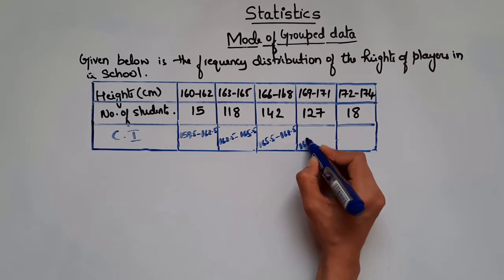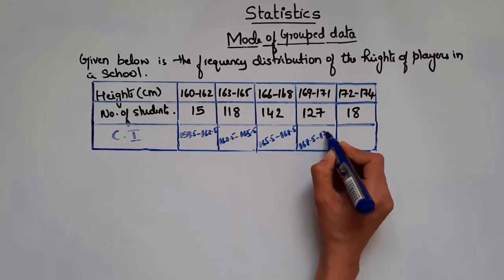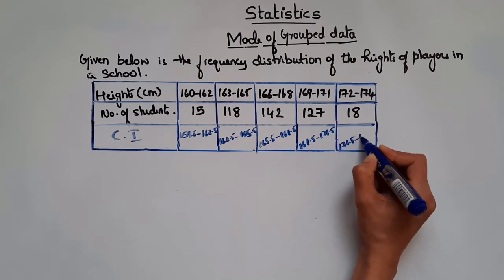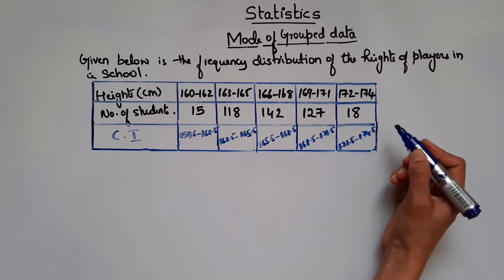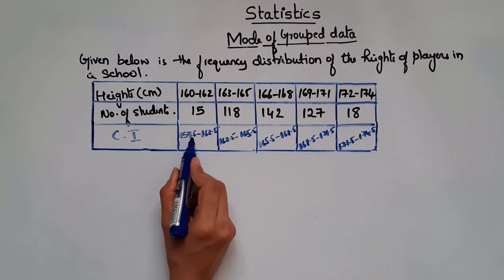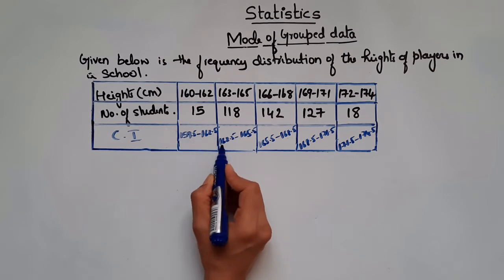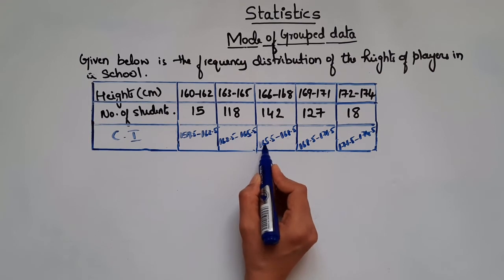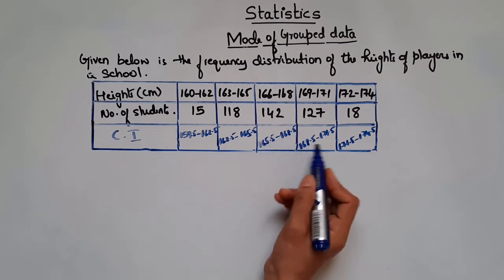So this will be 168.5 to 171.5. So this will be 171.5 to 174.5. Now this is continuous. We have 159.5 to 162.5. Again it is starting with 162.5 to 165.5, and we have 165.5 to 168.5, and so on.